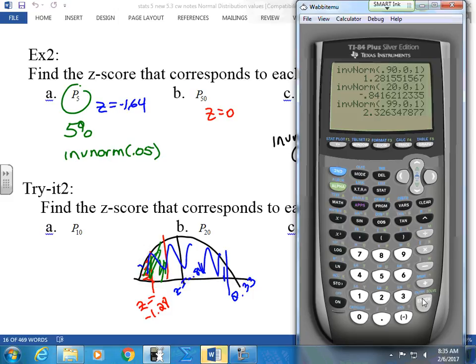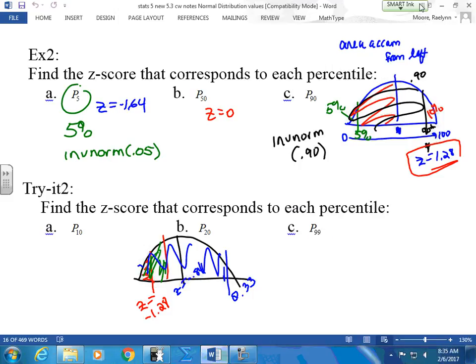Now, on the black calculator, you can still use inverse norm on the 83s. You just have to put this in.